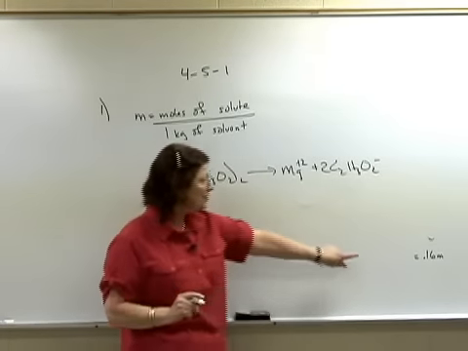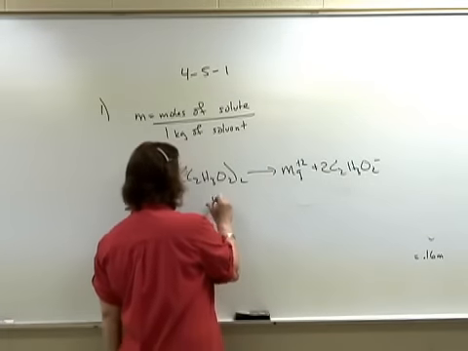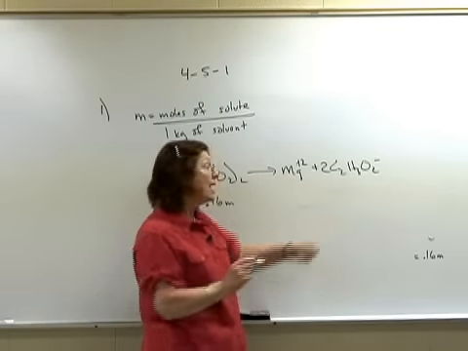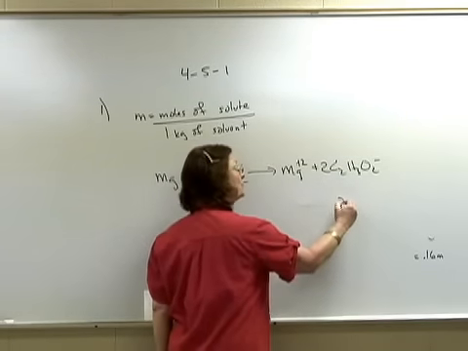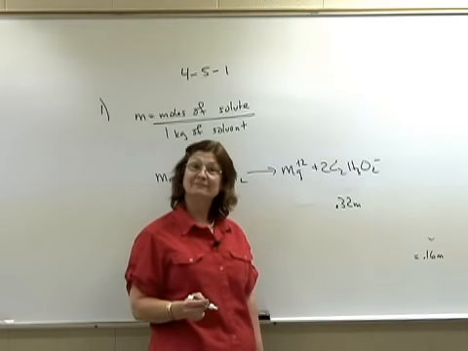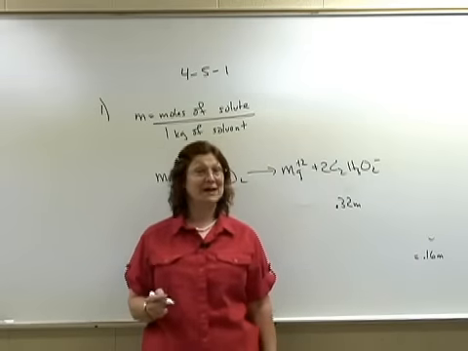And I'm going to go ahead and use this 0.16 molal, and I have 0.16 molal here, and I'm going to get twice as much of the acetate ions. And therefore, I will have 0.32 molal of the acetate ions. And that's how you do the warm-up, and I'll be right back.